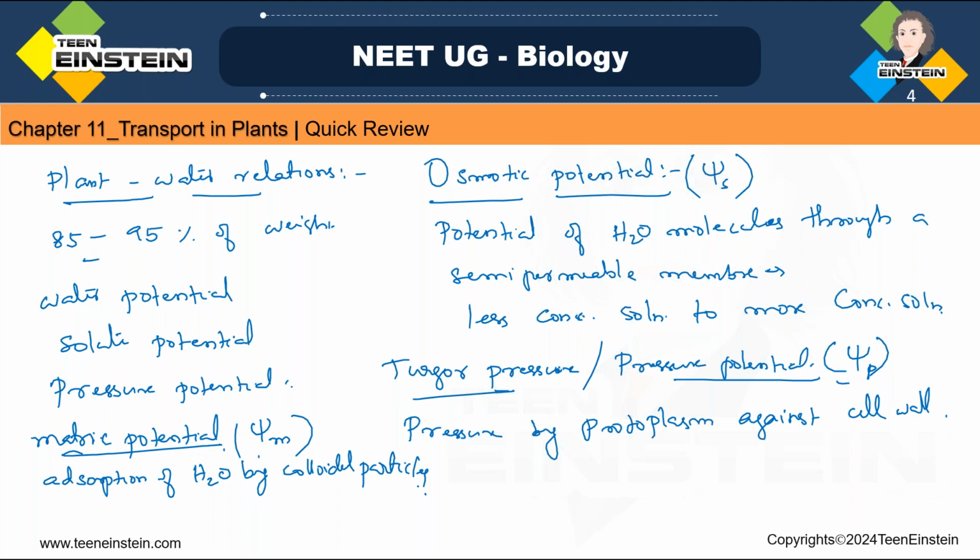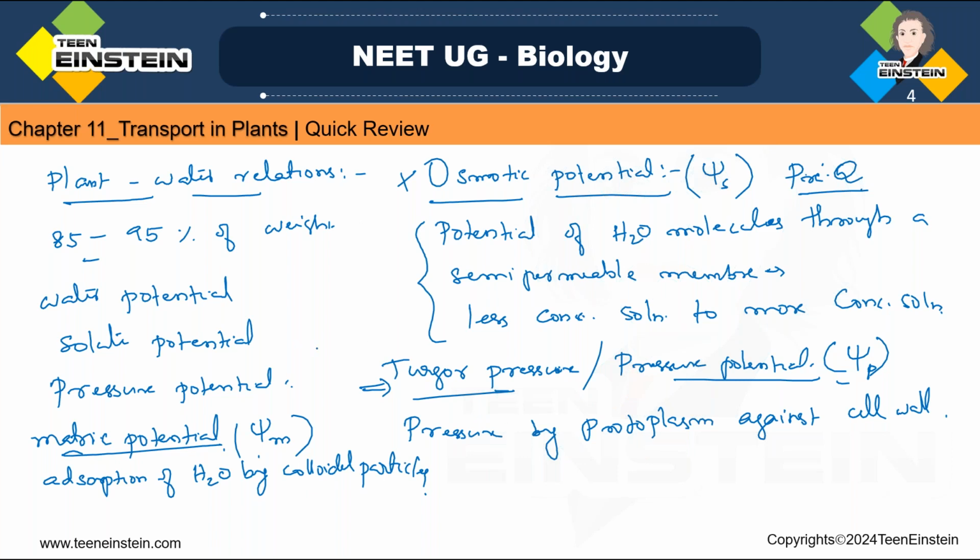So here you need to learn osmotic potential. That is one important question, and this is a previous year question. And here turgor pressure is also one important question. You should know what is turgor pressure or pressure potential.